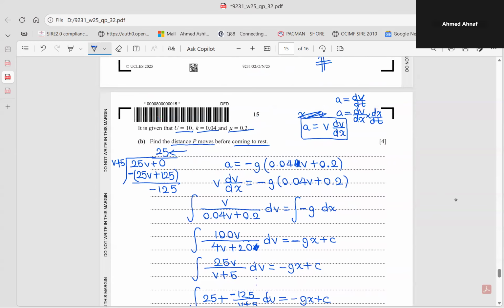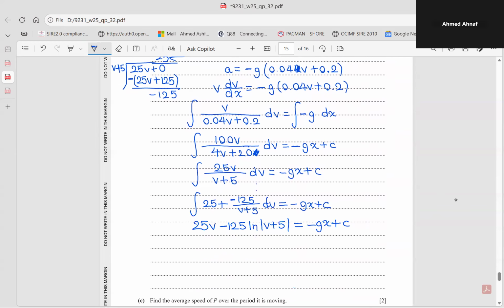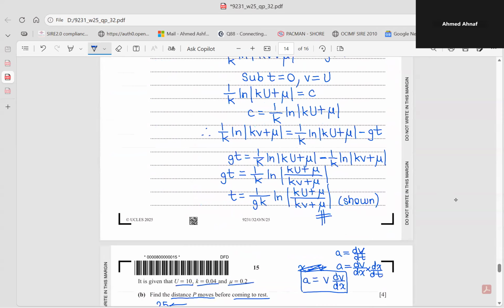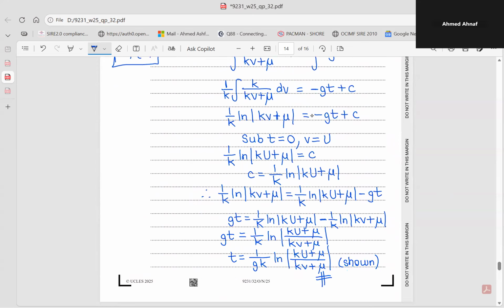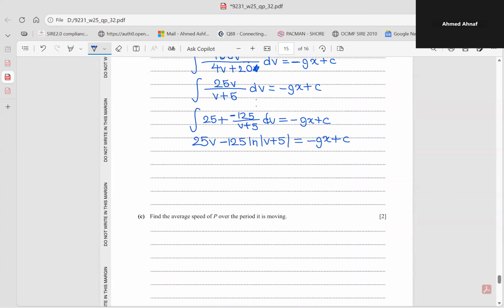So now we're going to add the initial conditions. When x equals 0, v equals big U, that's what we're going to add.